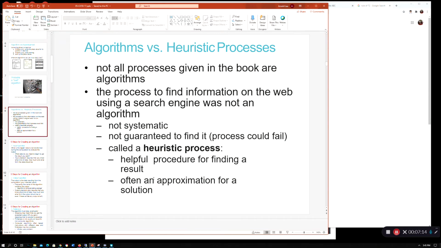It's an approximation. This is what I think is the key part, the last sentence, where it says it's often an approximation for a solution. So very quickly, in my head, I came up with how quickly you would double your investment. It's a good enough calculation a lot of times.